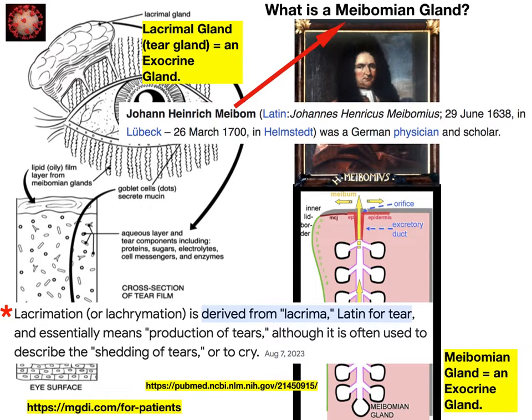However, at this point in time in the pandemic, we should recognize that virtually all cells have ACE2 receptors, as well as other receptors that can bind and help internalize SARS-CoV-2 virions. And so it should not be a surprise if meibomian glands are found to be infected by SARS-CoV-2.